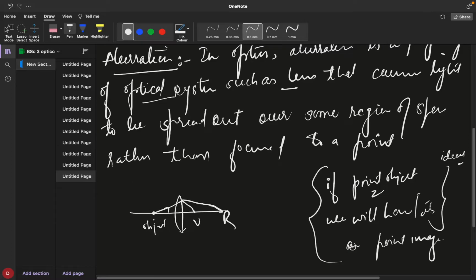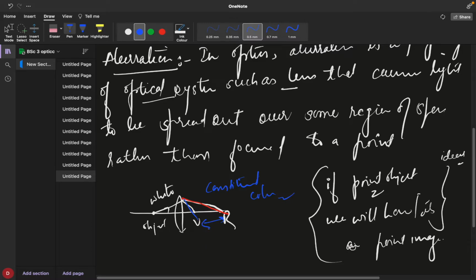But here, if this is white light, it is spread out into red color and violet color, its constituent colors. So this is aberration.